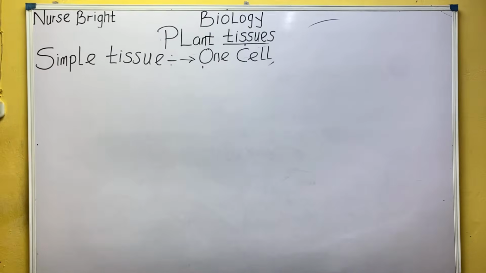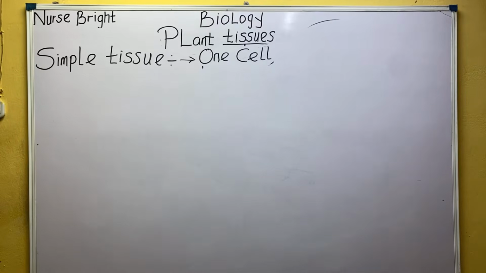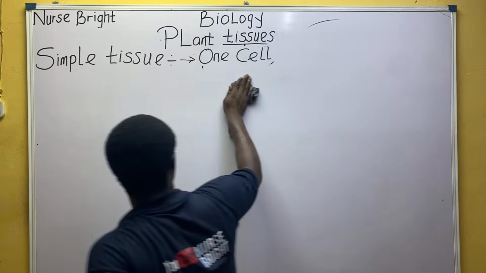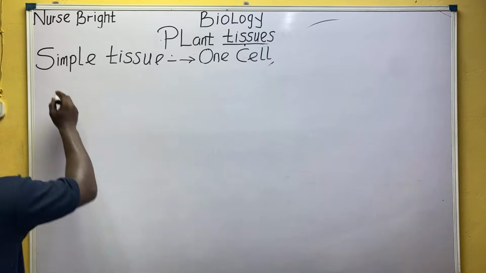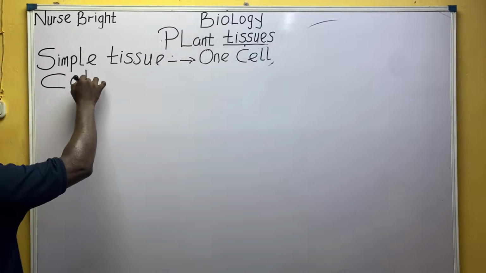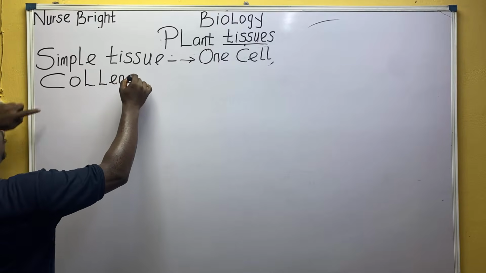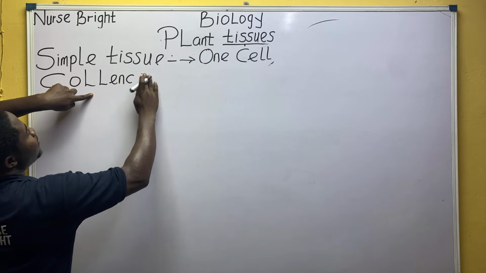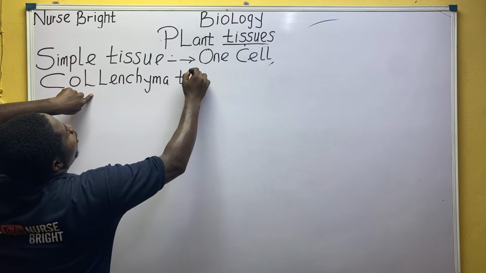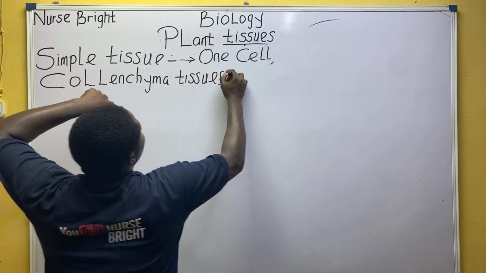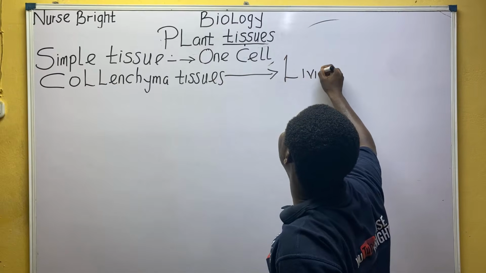Alright, so let us start with the second simple tissue called the Collenchyma tissue. Now also note these tissues are made up of living cells.